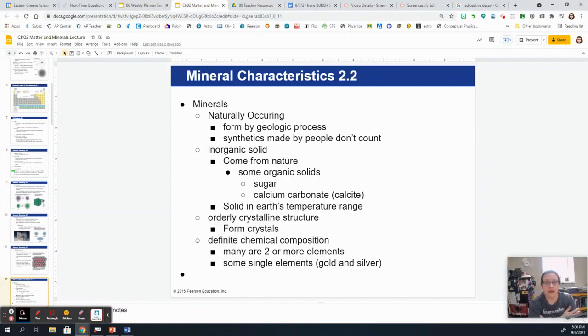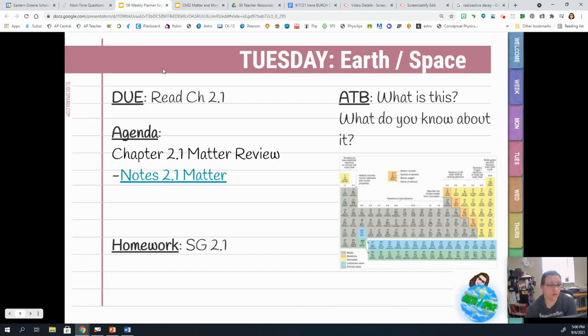All right, and you can see that that's the end of the notes for section 2.1. So we will end there for today in the packet that you have for fill in the blank. If you missed any of the blanks, please ask a neighbor, or you have access to the slides that I'm using in the weekly planner.